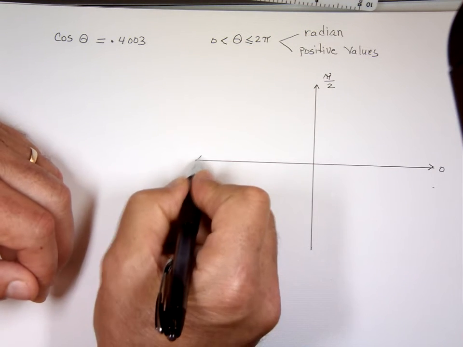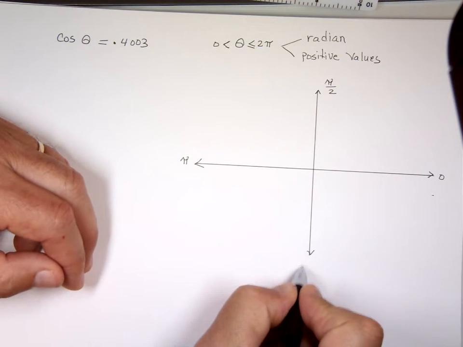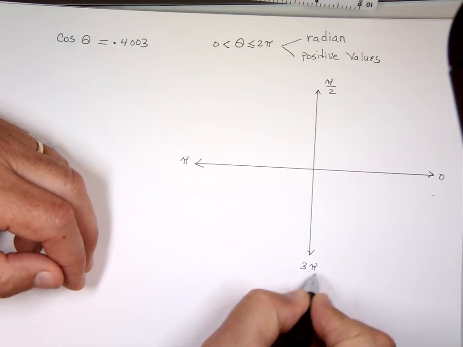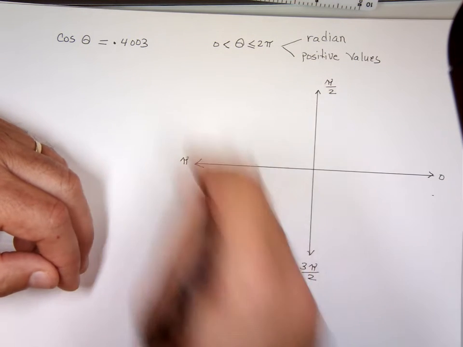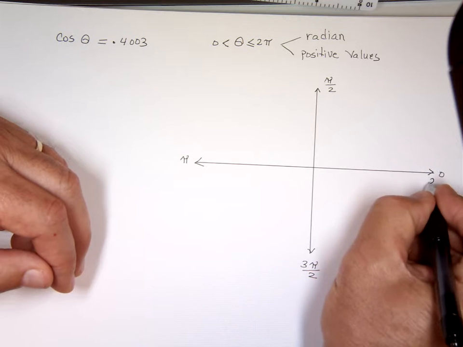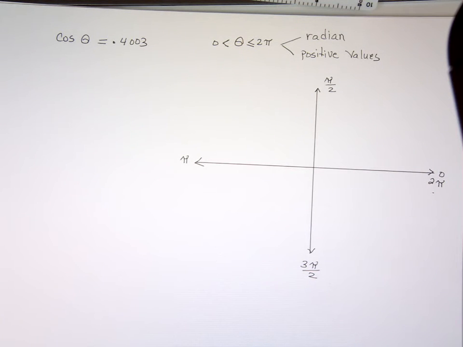This is the pi. This is the 3 pi over 2, 1.5 pi. When you do a full circle, how many pi is that? 2 pi. So 0 goes back to 2 pi.